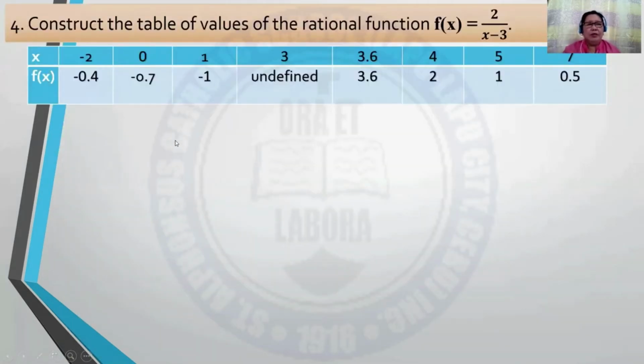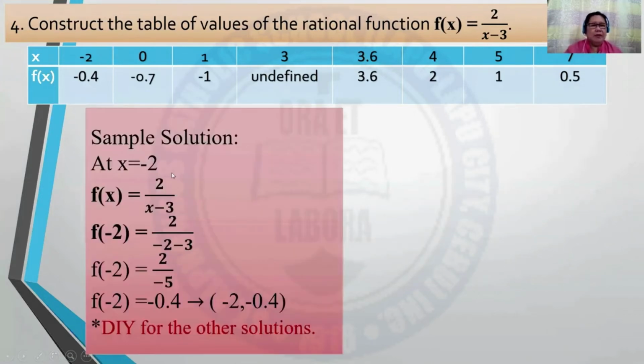Then number 4, you have to construct the table of values of the rational function. So assigning values to x from -2 to +7, then f of x, if it is -2, you have -0.4, and so on. So I will just show you one example, and for the other solutions, you can do it.